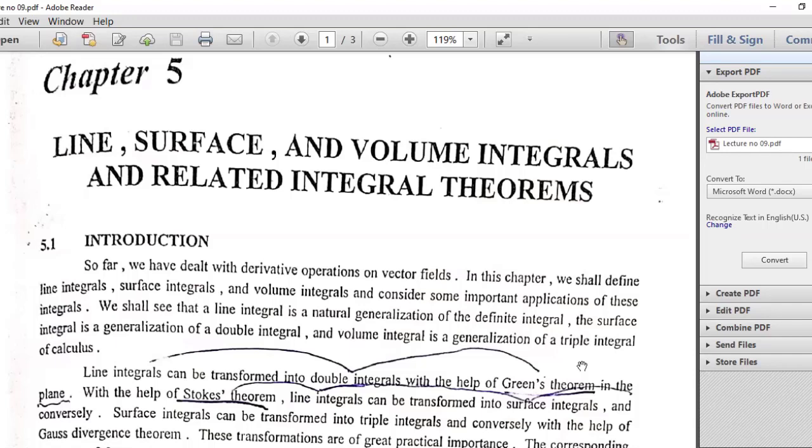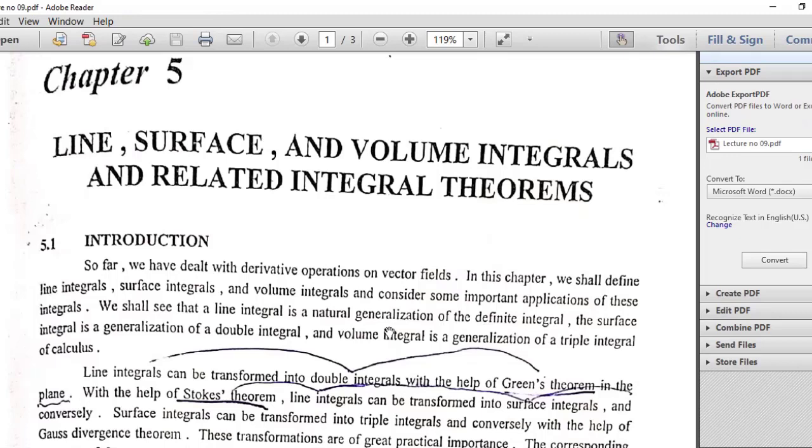And also, students, the definite integral you already studied in calculus is that if the end limits of the integration are known, then we say this integral is a definite integral, otherwise not. So students, the line integral is a generalization of the definite integral, the surface integral is a generalization of the double integral, and the volume integral is a generalization of the triple integral.